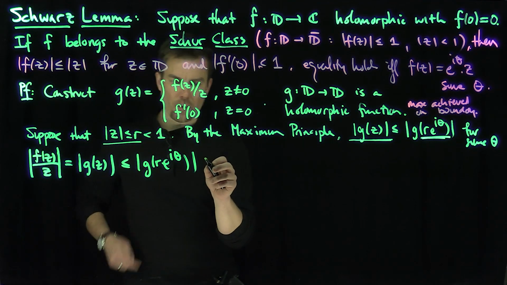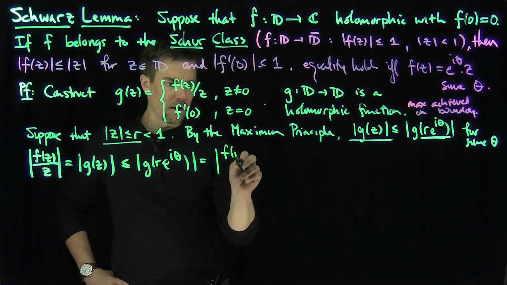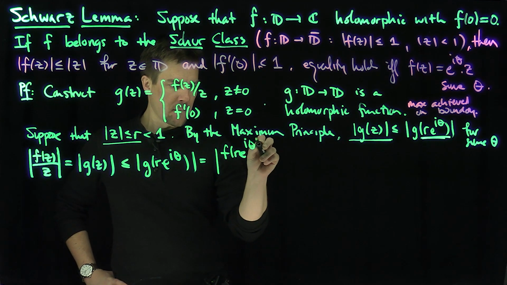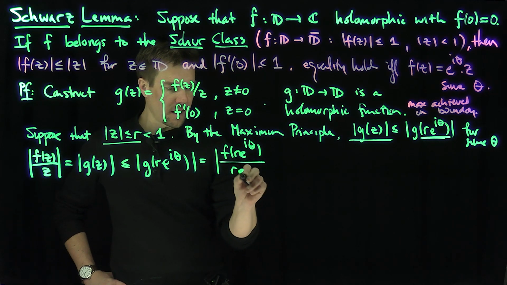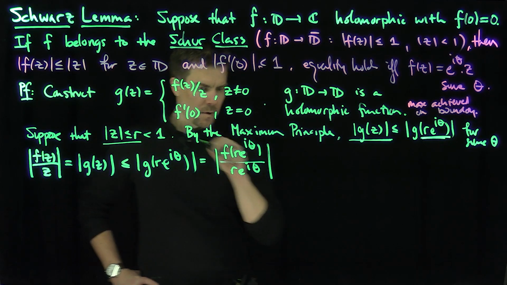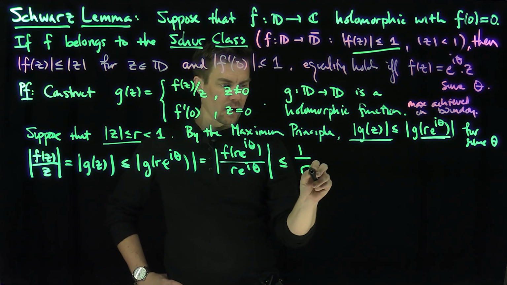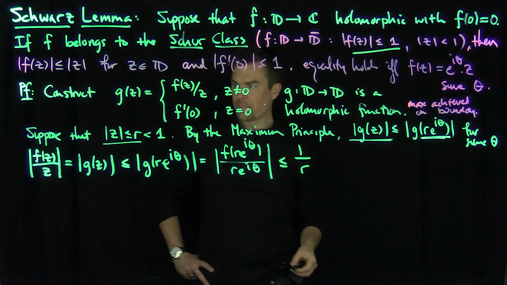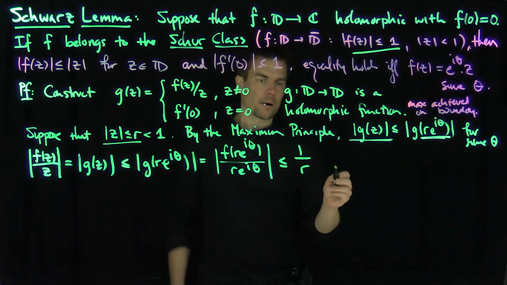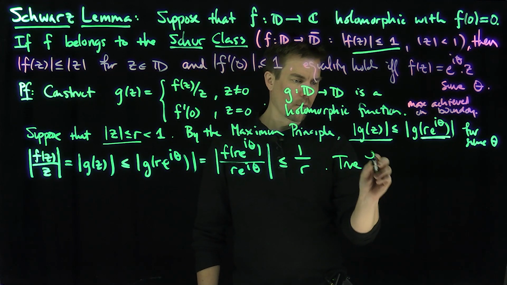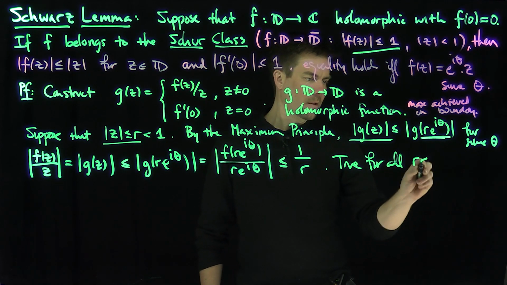This is just f of r e to the i theta over r e to the i theta. Now f is bounded by 1, right? So this is less than or equal to 1 over r. Okay, good. This is true for all r less than 1.